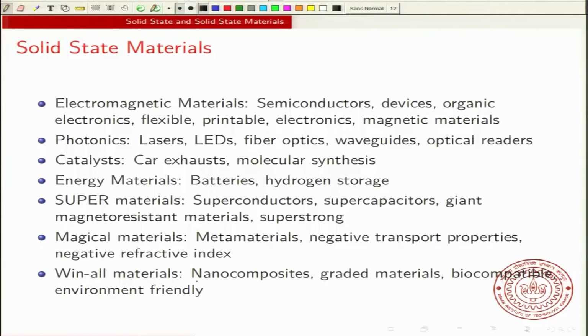Typically nanocomposites are used to tune multiple properties. There are also graded materials, where you have different materials in different proportions. Many of these phenomenal materials are biocompatible and environmentally friendly. Usually when you take a solid state material, you say it is not going to be biocompatible, but by manipulating them you can generate these exceptional materials which are both biocompatible and environment friendly.